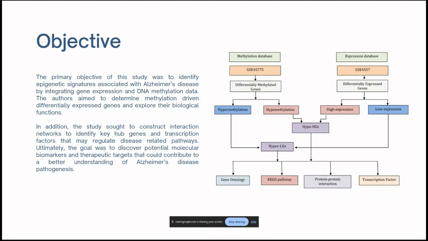Gene expression analysis was performed using GEO2R, an online platform for identifying differentially expressed genes, that means DEGs. And DNA methylation analysis was used to identify differentially methylated genes, that means DMGs. And the threshold value of t greater than 2 and less than -2 was considered as the cutoff criteria.